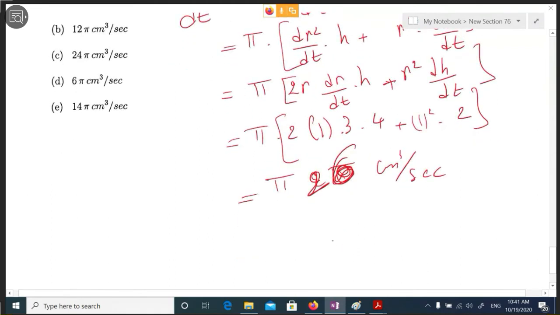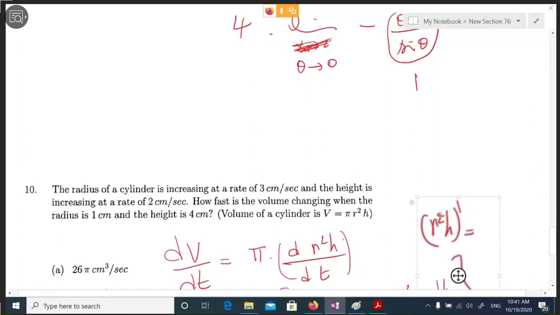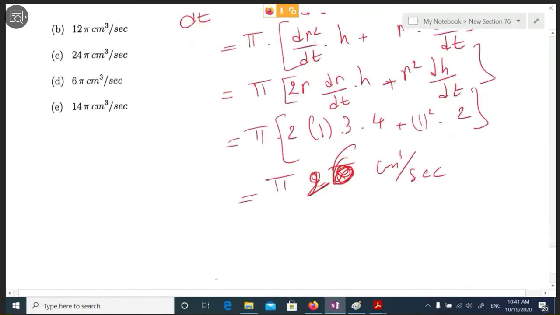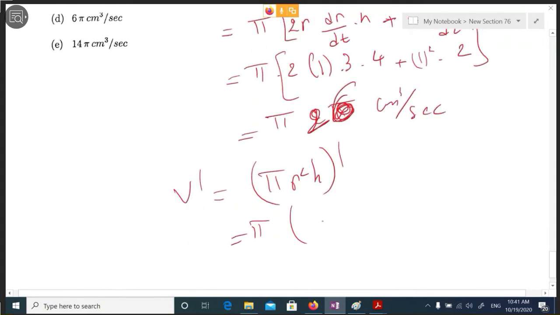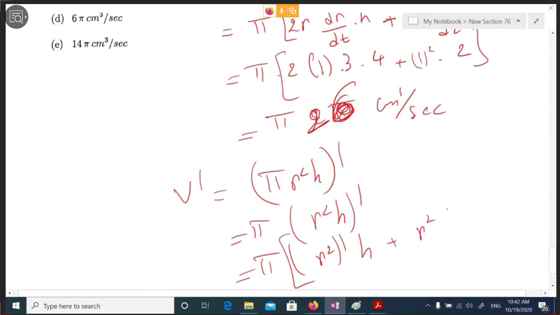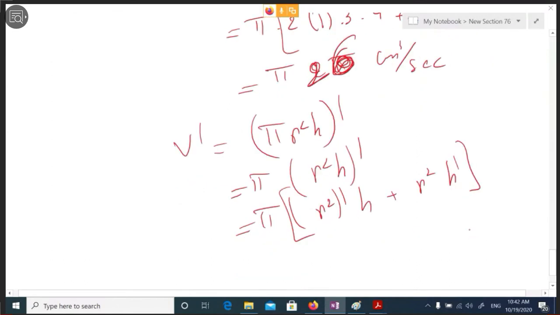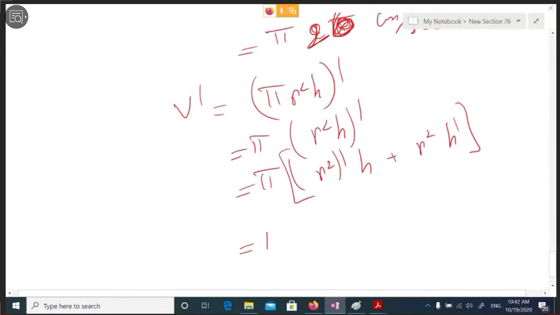If you want, you can also do it just like that. V prime is pi r squared h prime, and do it with a derivative like that. So pi times the derivative of r squared times h plus r squared times the derivative of h. The derivative of r squared, what is it?